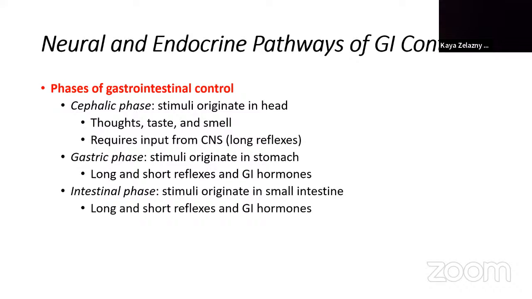Your stomach can physically sense things about the food that's in it. And same thing with your small intestine. So some of those reflexes in the gastric phase from the stomach or the intestinal phase from the small intestine can be longer and involve the central nervous system, but some of them are shorter. We can bypass going up to your brain.